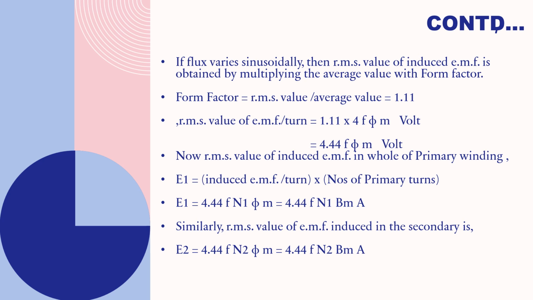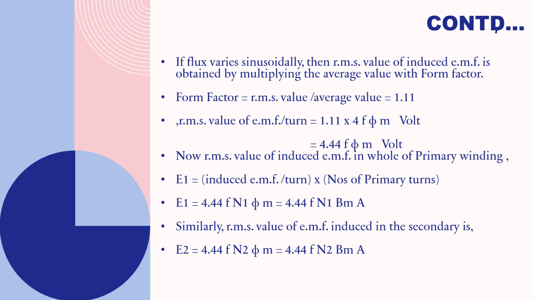Now RMS value of the induced EMF in whole of primary winding, E1, is equal to induced EMF per turn into number of primary turns. That is E1 is equal to 4.44F N1 phi m, which is equal to 4.44F N1 BmA.